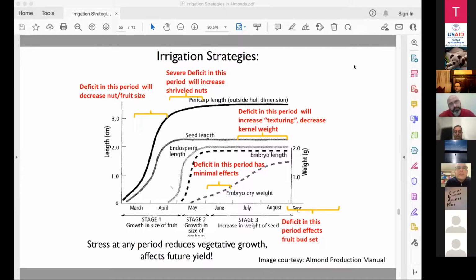So if I give you one answer, that might not be applicable to you. It really depends on your soil type and the type of your soil moisture sensor.